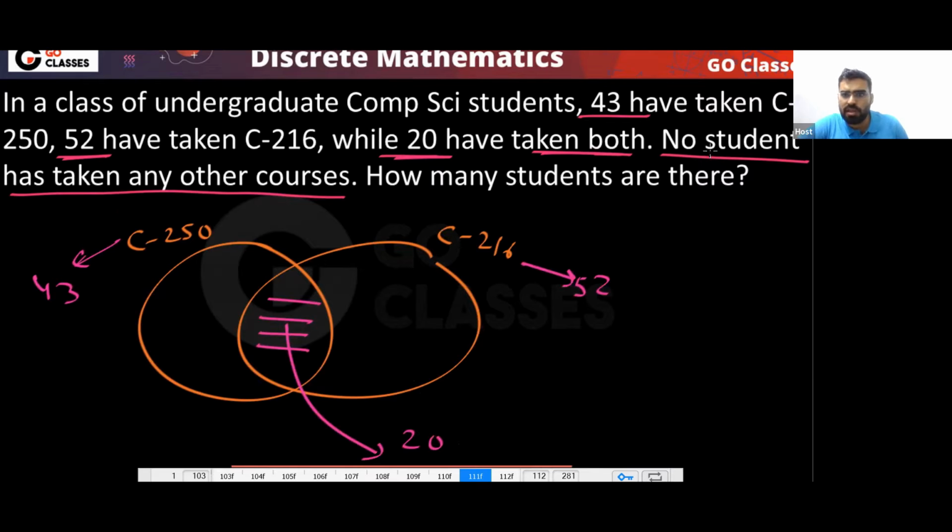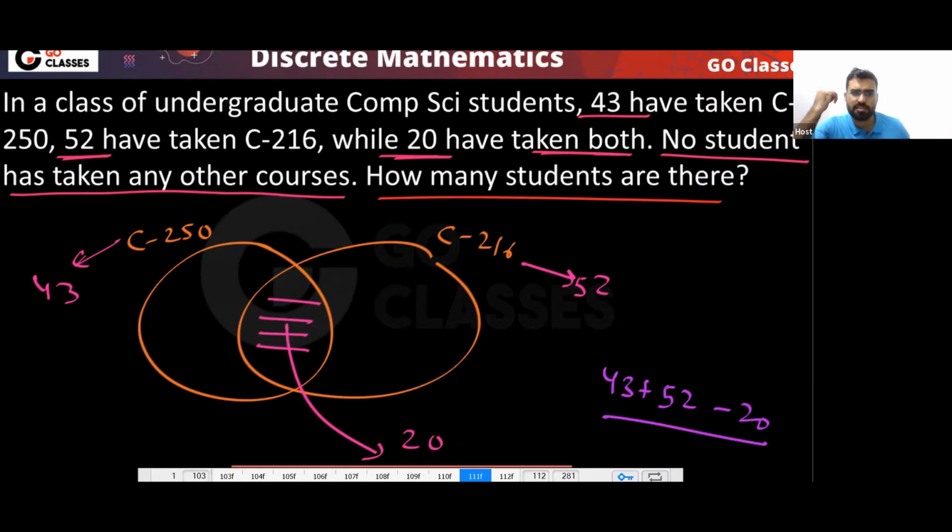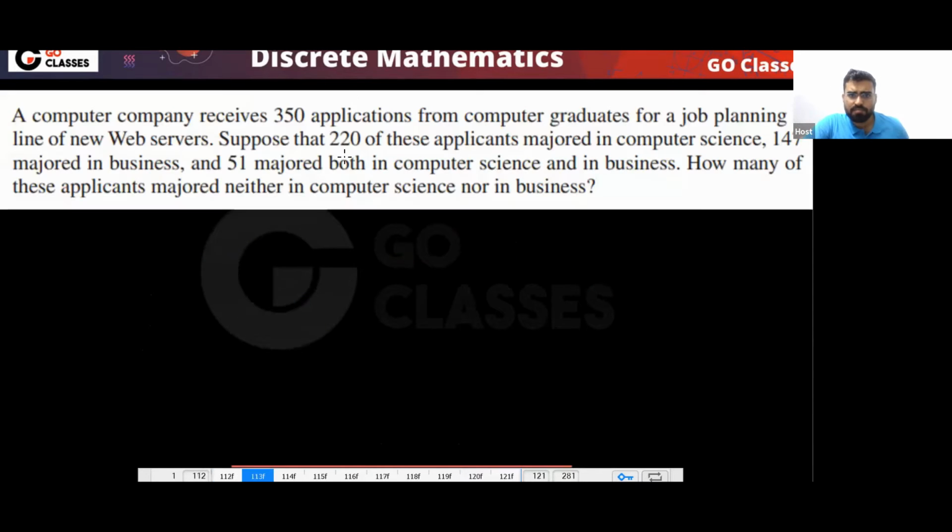The question is saying no student has taken any other course. So how many students are there in total in this class? Finally the answer will be 43 plus 52 minus these students, minus these. So this will be the answer.